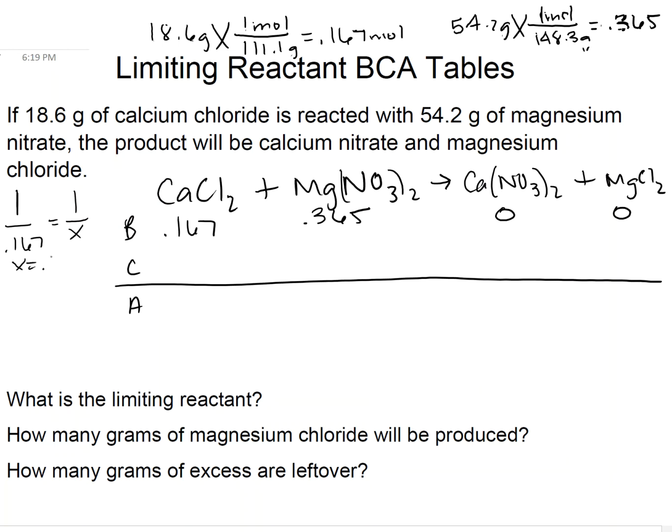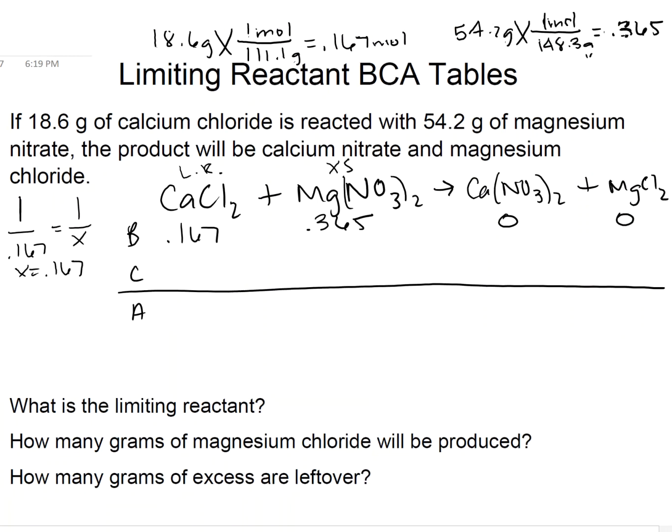That tells me that x is equal to 0.167, which means if I use up all 0.167 moles of CaCl2, I would need 0.167 moles of MgNO3 to make that happen. Because I have more than 0.167, the MgNO3 is my excess and the CaCl2 is my limiting reactant. I like to write those little notes up above the equation just to remind myself.